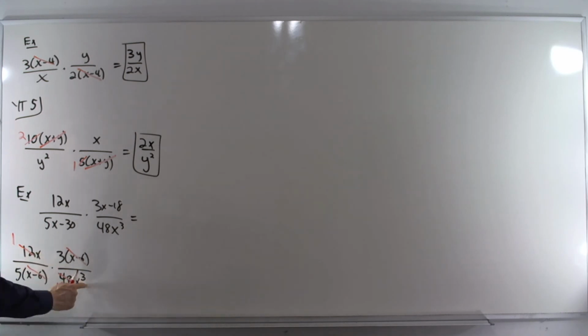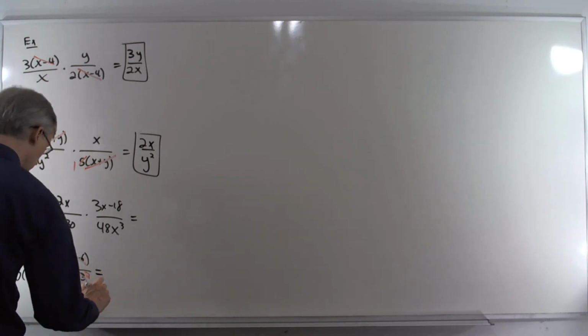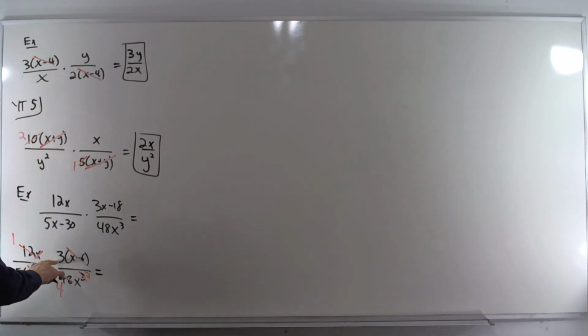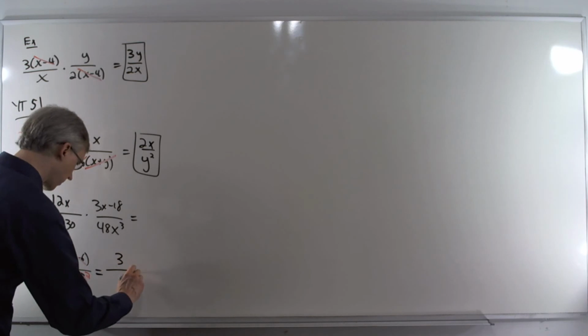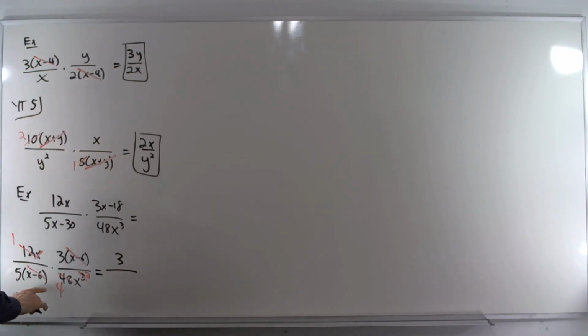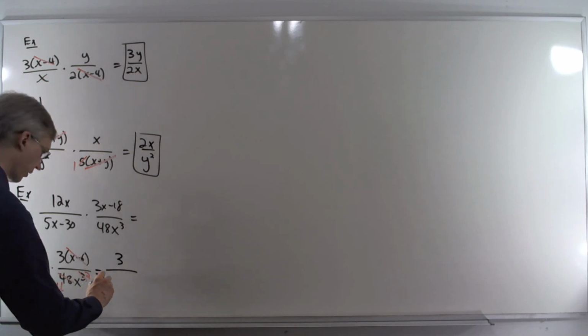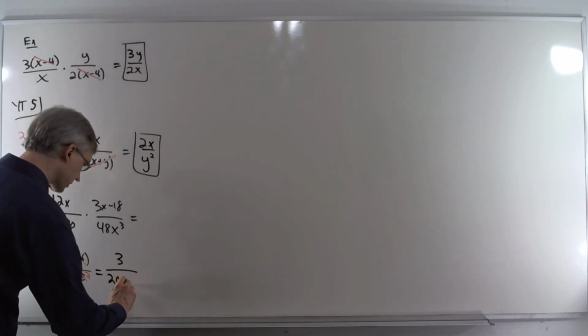Then we have x over x to the third power. So that's going to turn this exponent into a 2, and that x goes away. Looks like that's all the common factors now. So on top, we've canceled everything except for the 3. And on the bottom, we have 5 times 4 times x squared. So 20x squared.